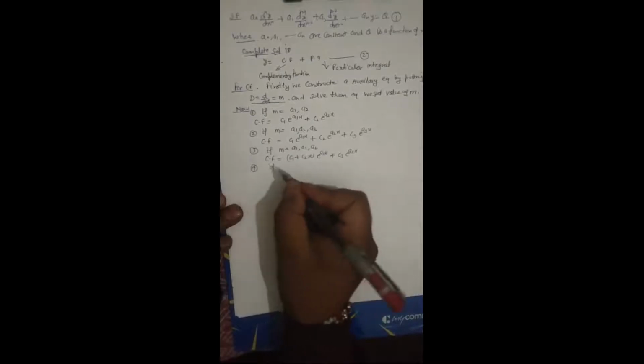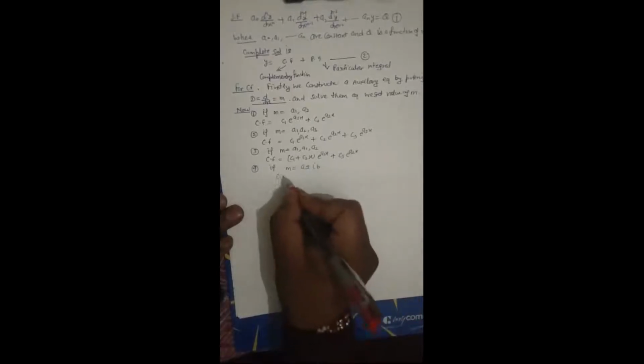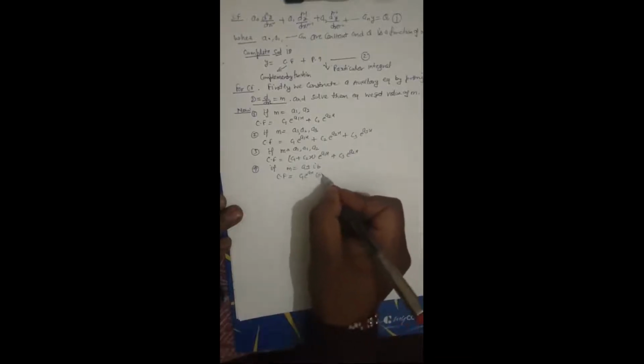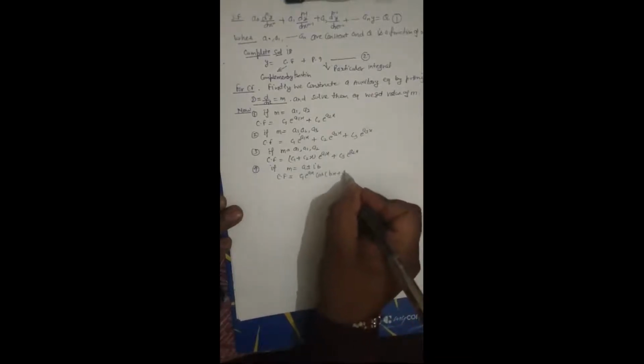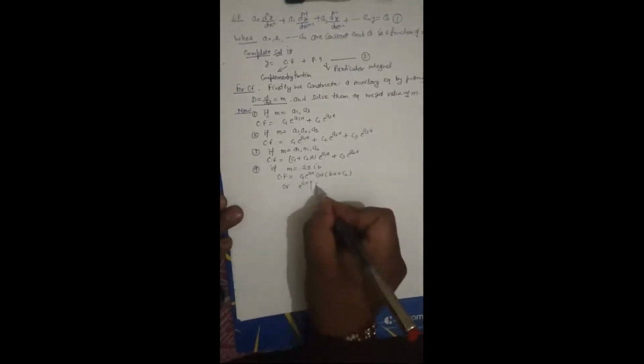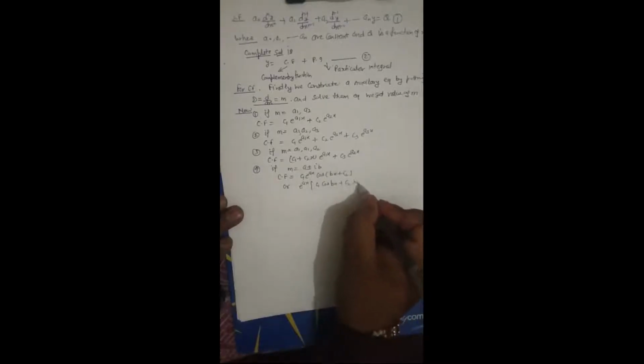Now if m equals a plus minus ib, then CF equals e^(ax) (c1 cos bx plus c2 sin bx), where c1 and c2 are arbitrary constants.